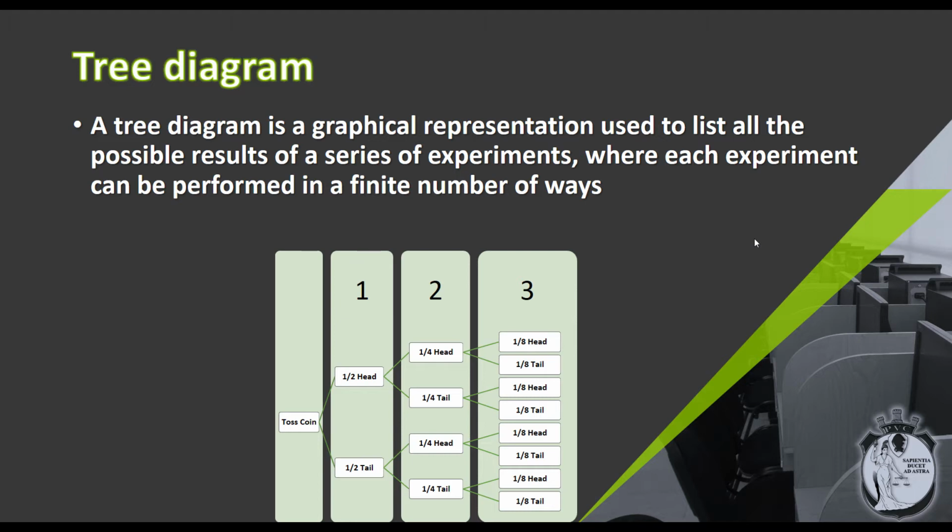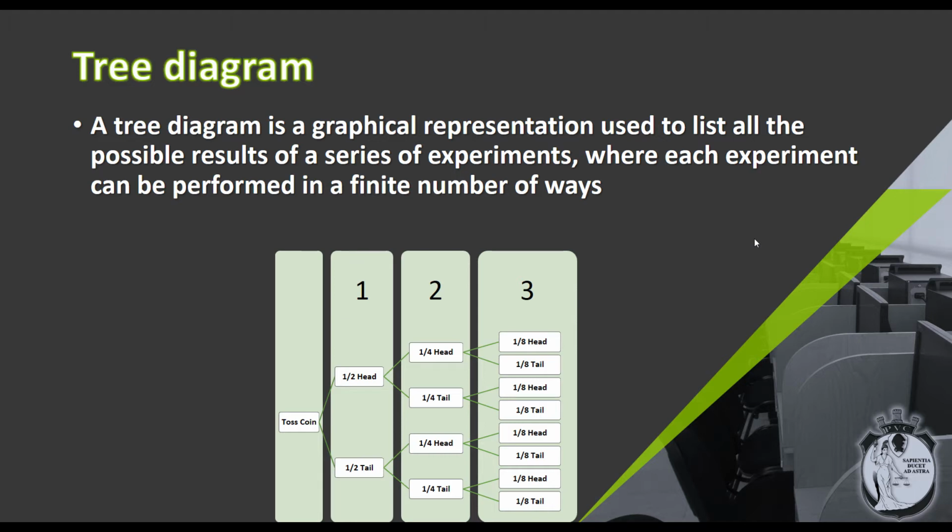Remember, all the possible results for one experiment, if there are so many, can be confusing, or you may have problems counting them. So there exist these kinds of diagrams. The tree diagram is a graphical representation to list all the possible results of a series of experiments.